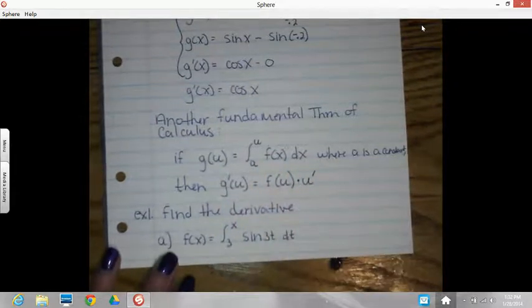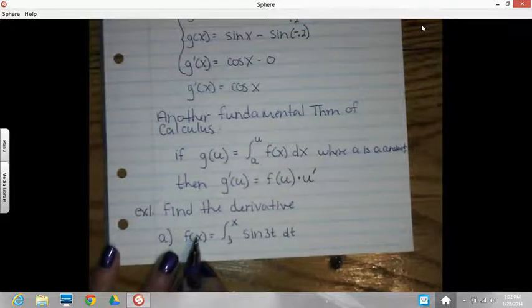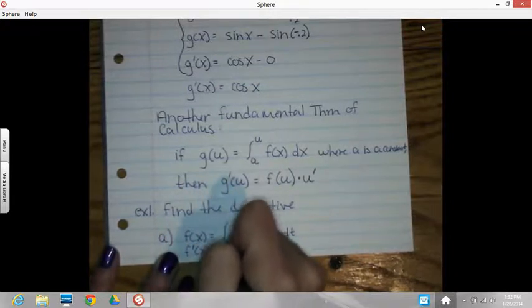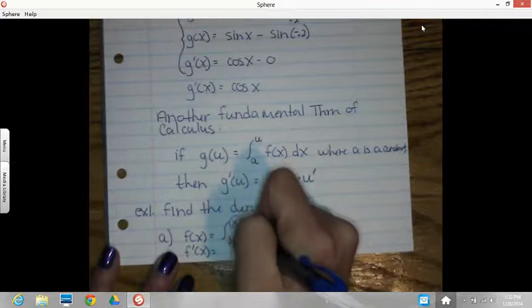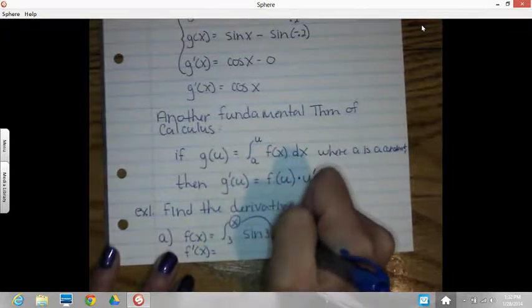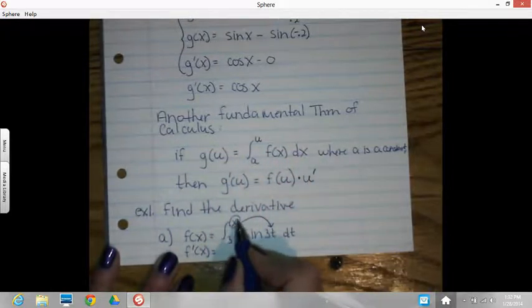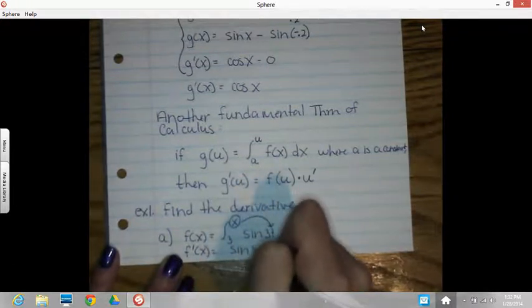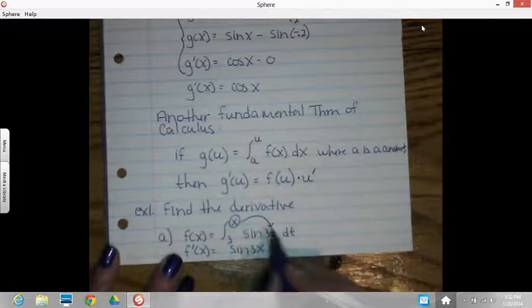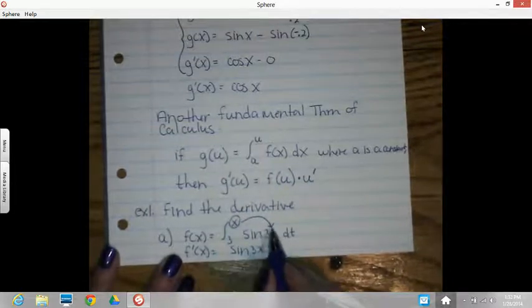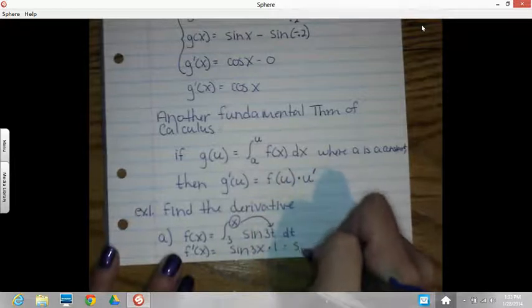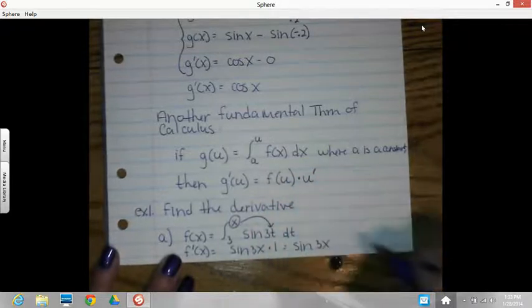Okay, I'm looking for f prime of x, not f of x. I want the derivative of f of x. So f prime of x, okay, I know this is a shortcut. All I've got to do is take this, substitute it in here, and multiply by the derivative of this. Well, that gives me sine of 3x times the derivative of this, which is a 1. It's not the derivative here, but it's up here. So just sine 3x. Done.